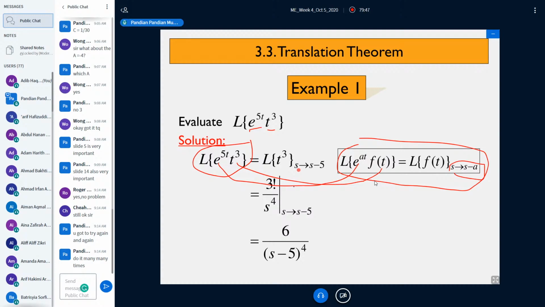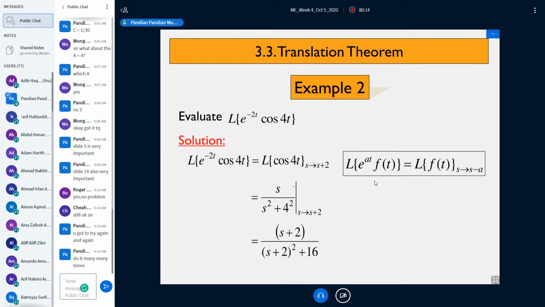And your s becomes s minus 5 according to the translation theorem. So 3 factorial is 6, and s^4 becomes (s minus 5)^4. So this is your answer. Laplace of e^(5t) t^3 is 6 over (s minus 5)^4.